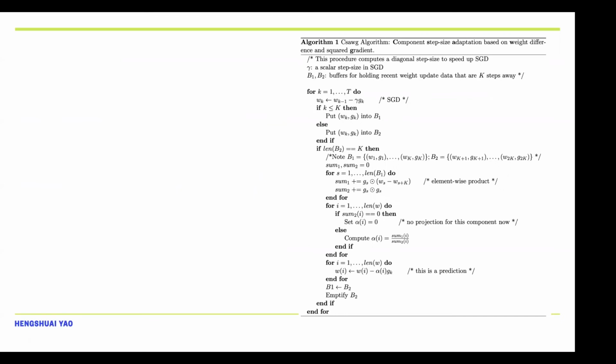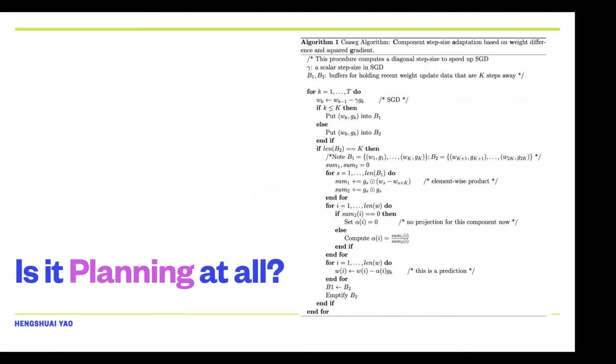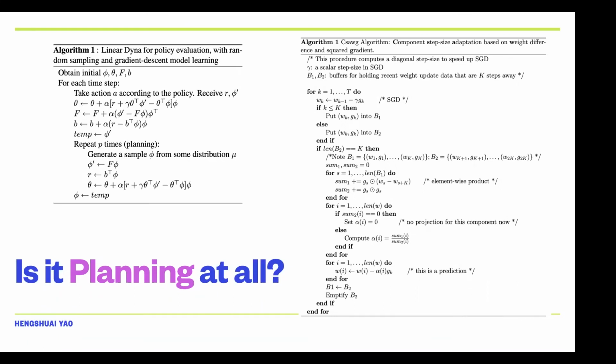The question here is, is this planning at all? Everybody here knows planning has a well-defined meaning. It refers to solving a model in reinforcement learning. So linear Dyna is planning because it's policy evaluation and it's solving a model that is estimated from data.